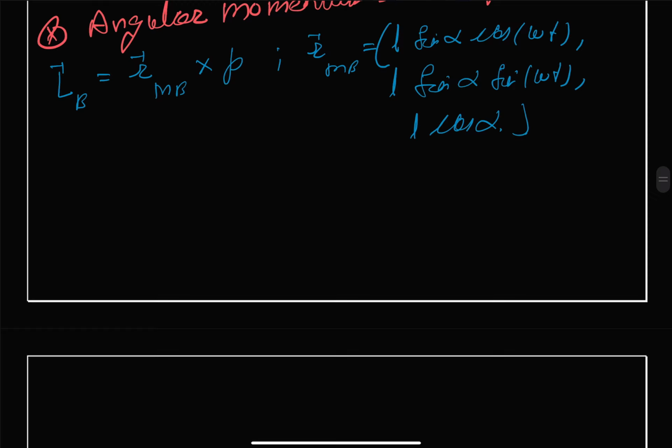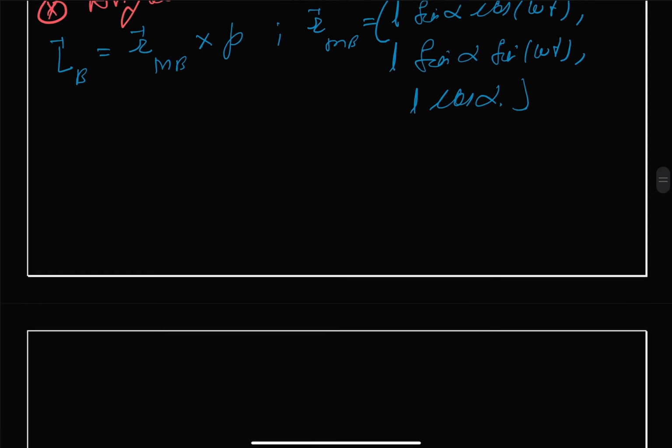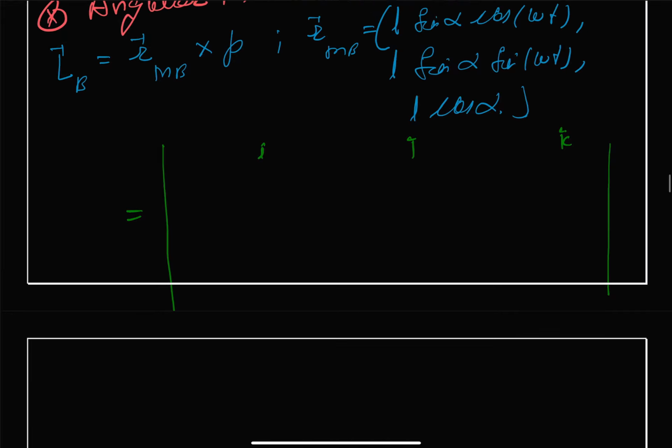And we are interested in the cross product, so you can write that the cross product will be our I J K, and we can write this as L sine of alpha cos of omega t, L sine of alpha sine of omega t, and L cos of alpha.